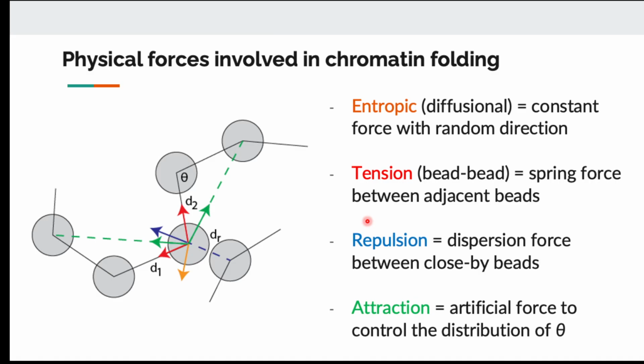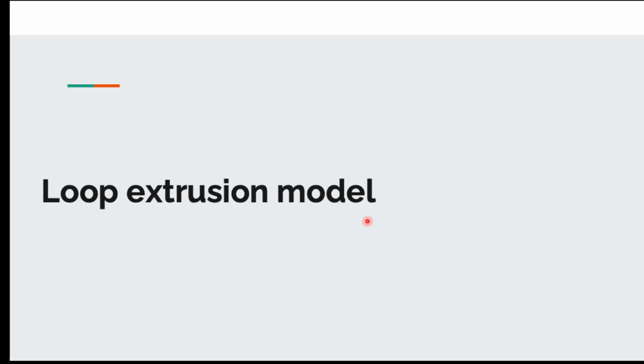Okay. So these are the models from 10 years ago, where people thought that there are proteins that help with forming the TAD, but it still doesn't perfectly explain the TAD structure. So a breakthrough comes with this model called the loop extrusion model.